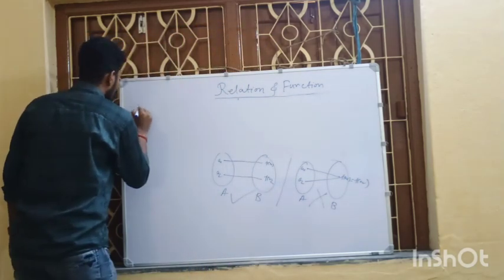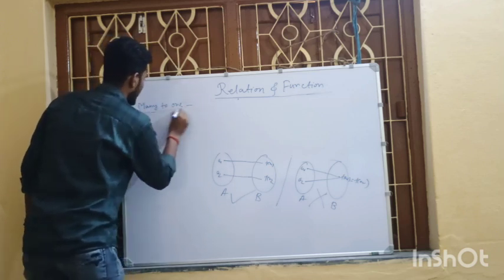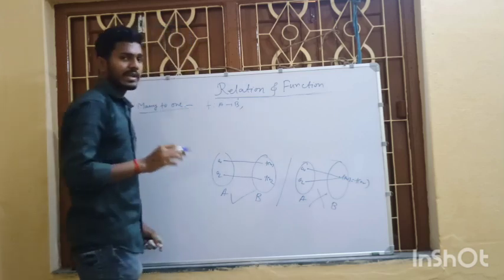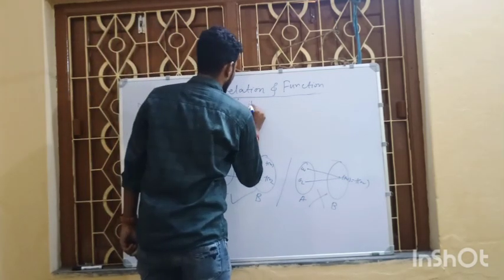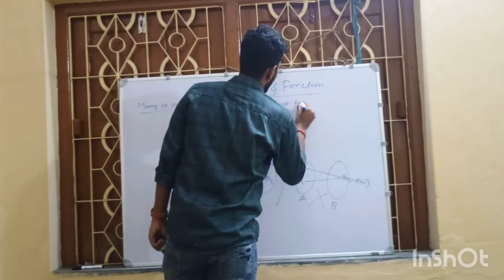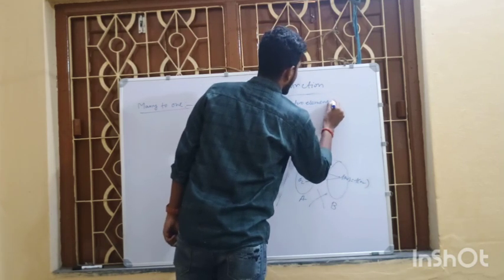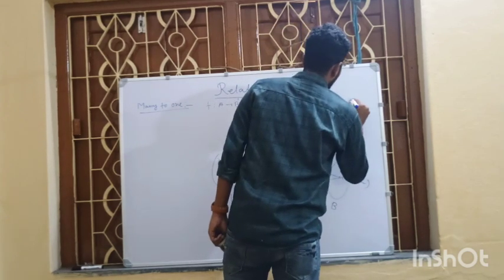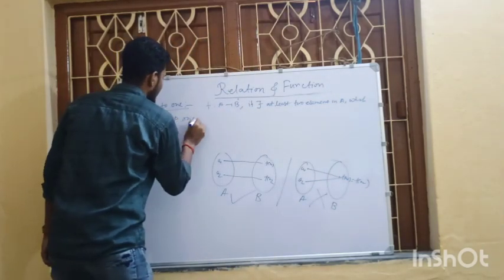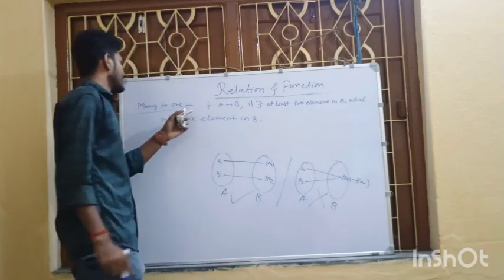So our next topic is many-to-one. A function f from A to B is said to be a many-one function if there are at least two elements in the set A which map to one element in B. Then this function f is called many-to-one.